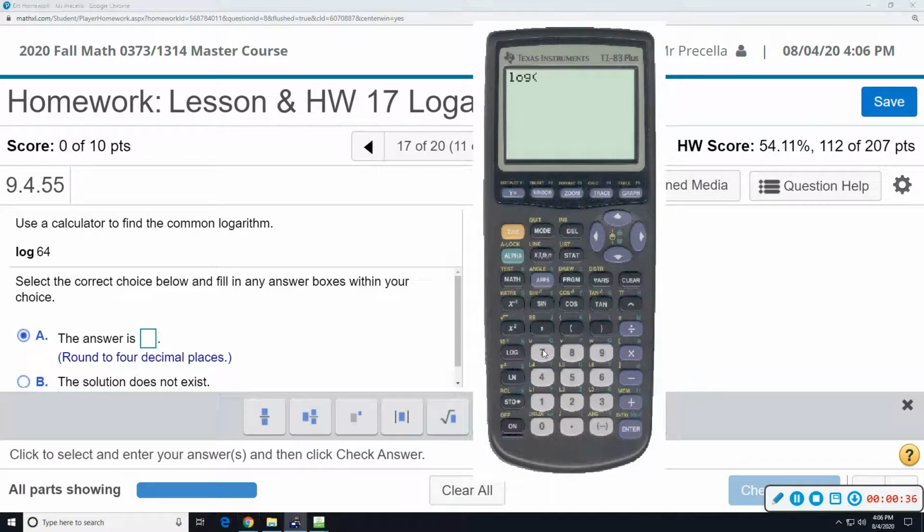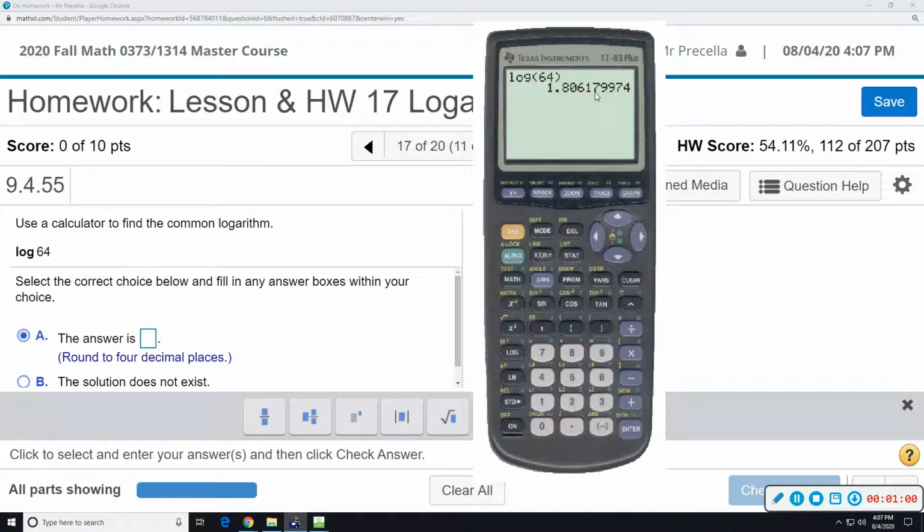Hit log 64, and I'll close the parentheses and hit enter. And it says round to 4 decimal places. So let's see. Counting up 4 decimals: 8, 1, 2, 3, 4. So is that 1 going to be a 1 or a 2?